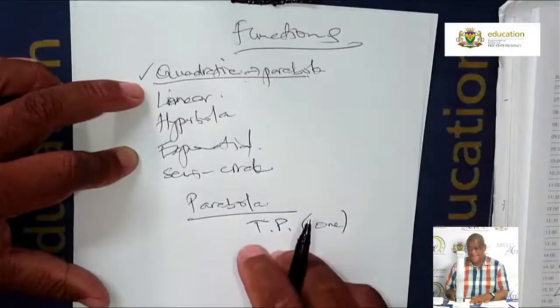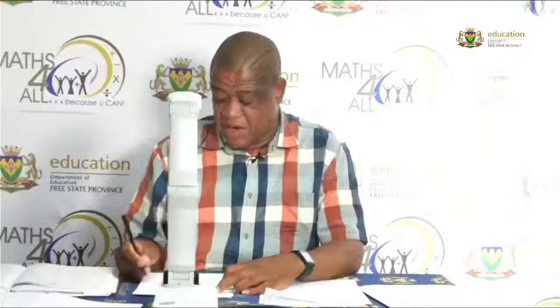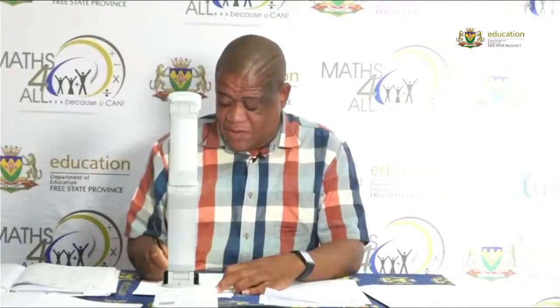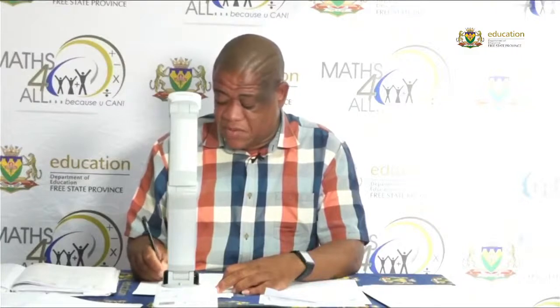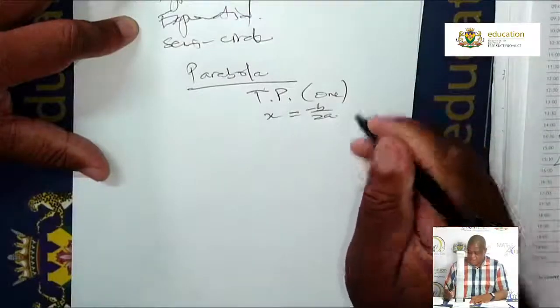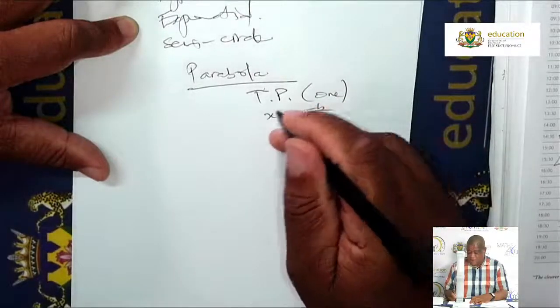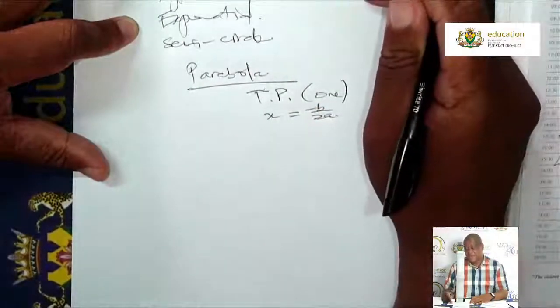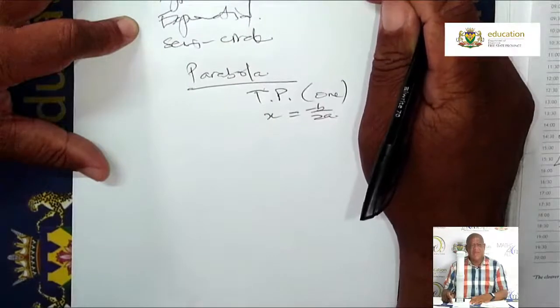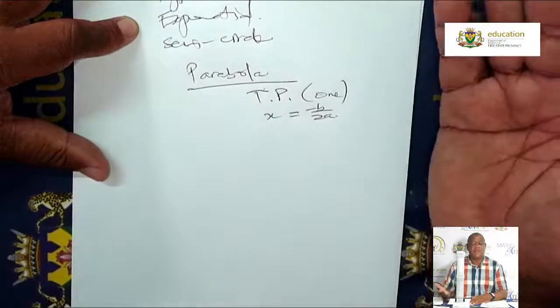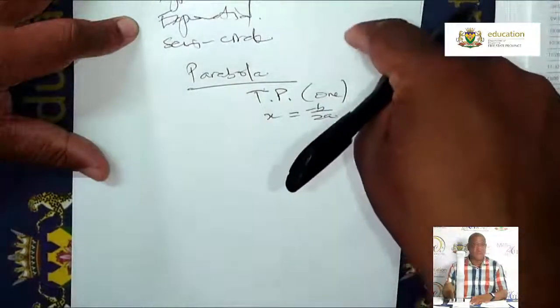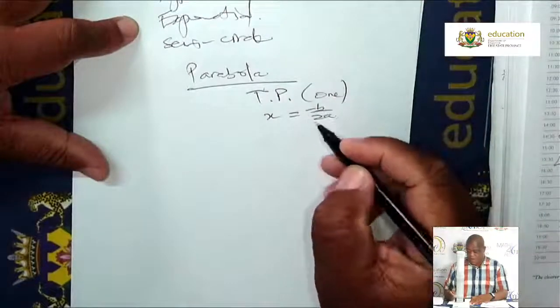And how do we get the coordinates of this turning point? We can just use x equal to minus b over 2a. Once we have found our x value, we substitute it in the given equation, and from the given equation, we shall be able to get the corresponding y value. That will be our turning point on the parabola.